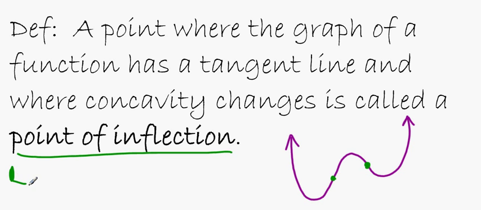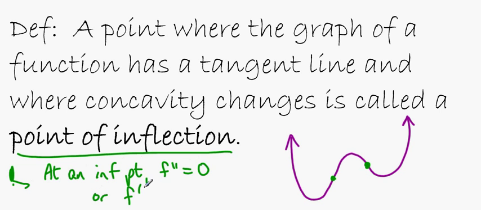As a little side note, at an inflection point, either f double prime is 0 or f double prime does not exist. Those are two telltale signs that you could be dealing with an inflection point. And as an extra quick side note, f double prime could be 0 without there being an inflection point.